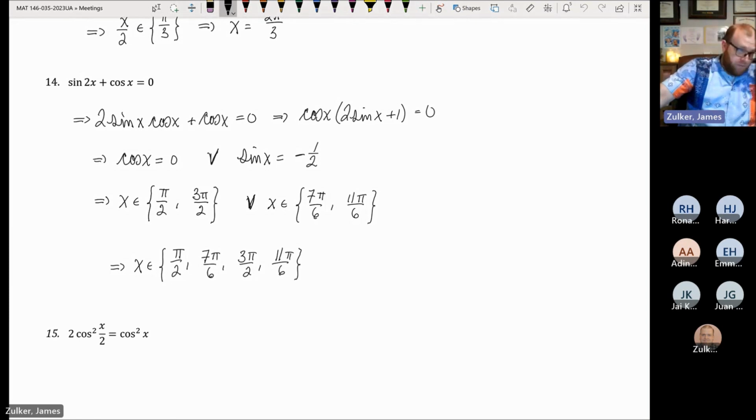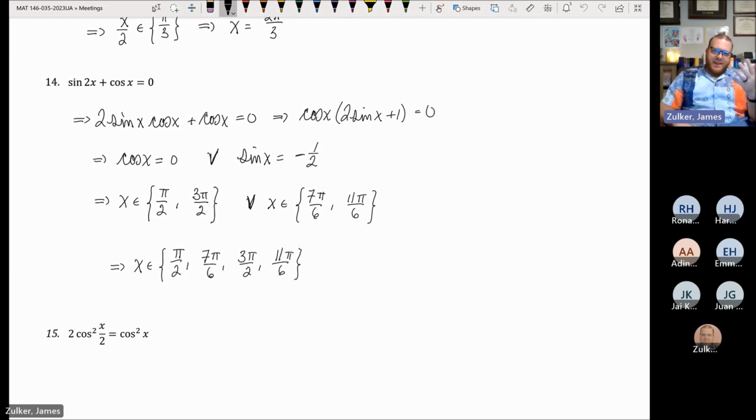Okay. So here we have, again, a case where we have different angles, right? We have an x over 2 and we have an x. We have to write everything in terms of the exact same angle. So either everything as x over 2 or everything as x. Easiest is x, right?